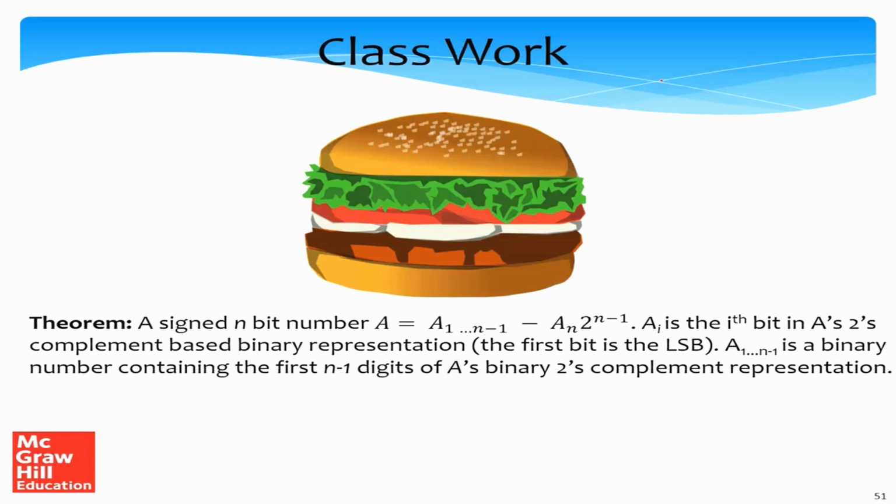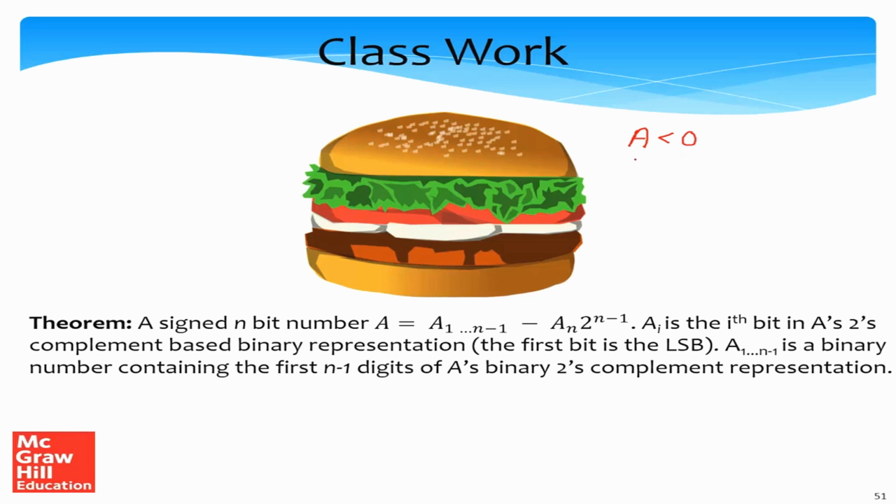For negative numbers, the situation is slightly different. So let's consider a proof. Let's consider the number A to be less than 0. If the number A is greater than 0, this is a trivial result.